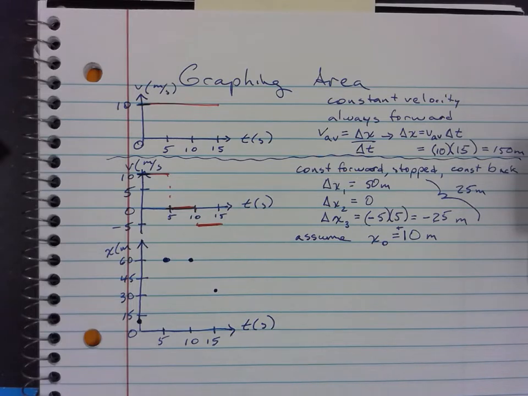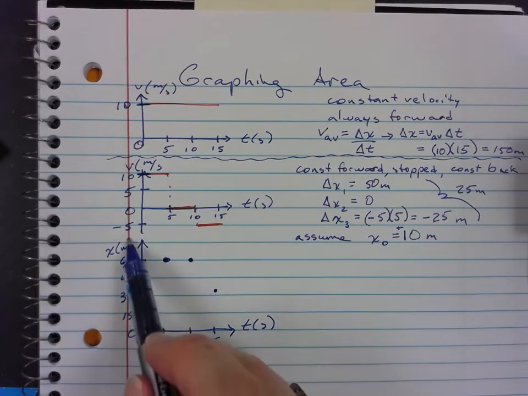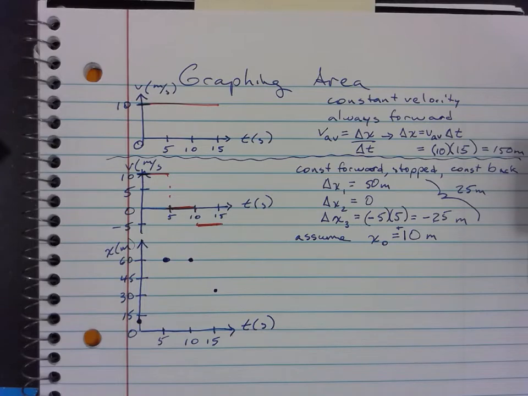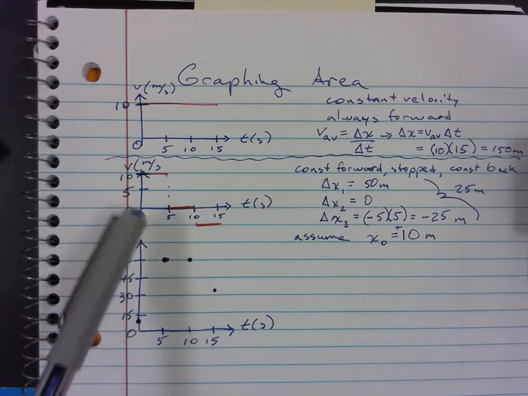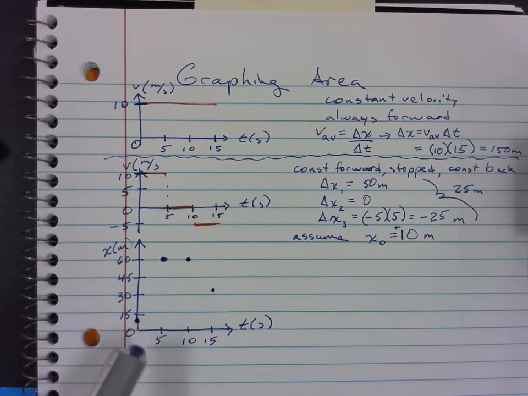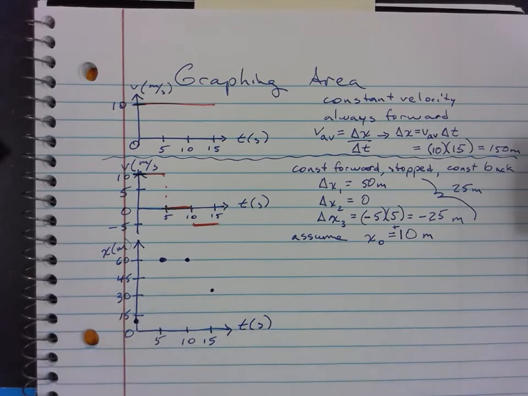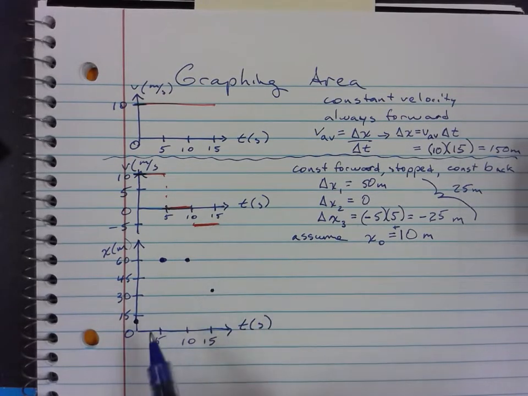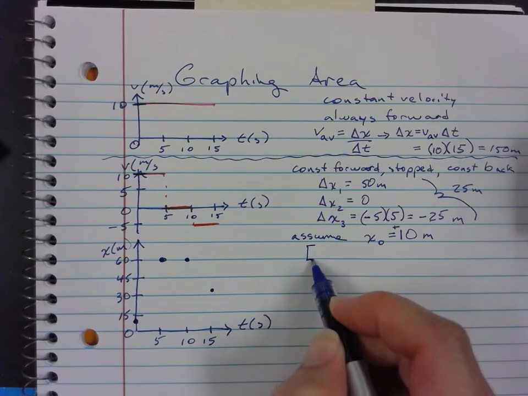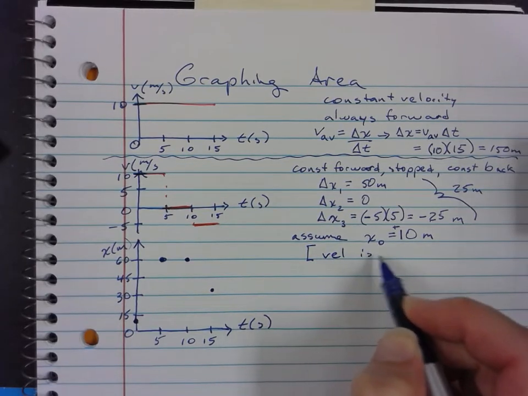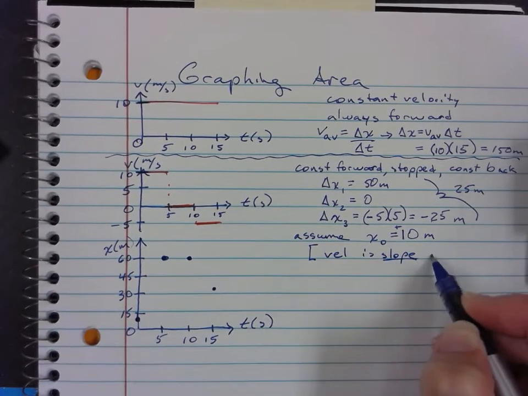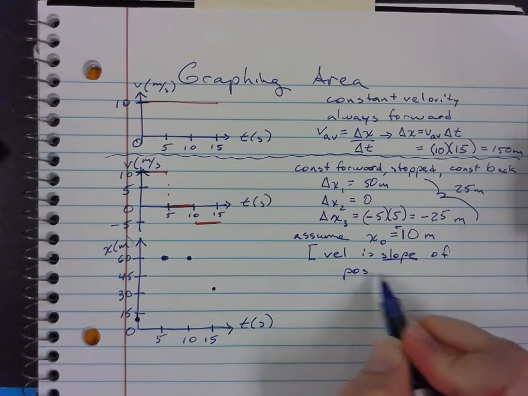How do we connect these points? Well, we know that a constant velocity, that's why we've got these funky stair-step things, because they were straight lines here. Using the backwards thing, a constant velocity means a constant slope. Remember, velocity is the slope of a position graph.